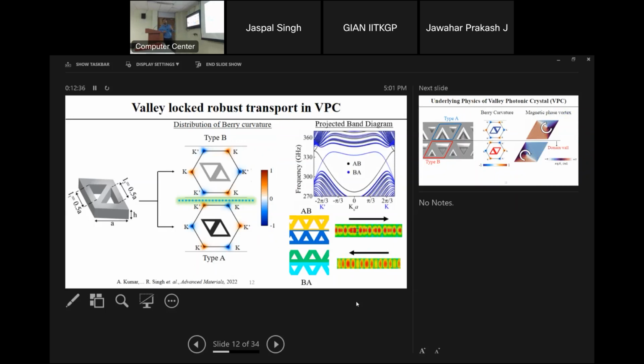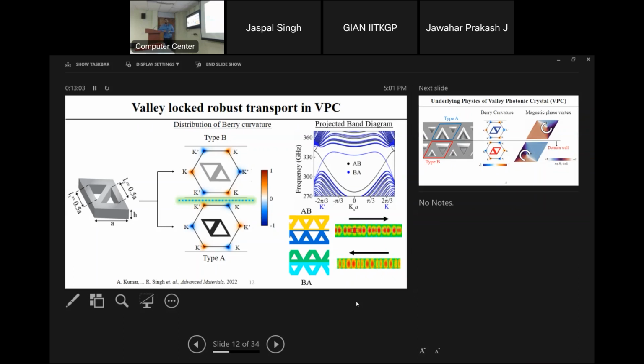But what this dispersion signifies is this: suppose you arrange the lattice so that the bigger triangles are facing each other, it will have this kind of dispersion. The group velocity is d omega by dk. Suppose it has rightward propagation, and if we arrange the lattice so that the smaller triangles are facing each other, then it will be backward propagation in nature.